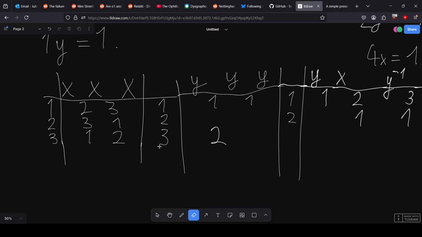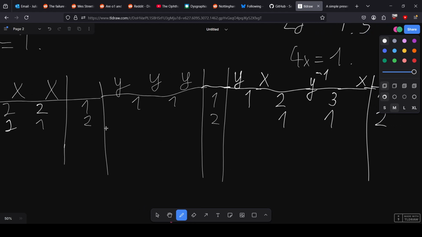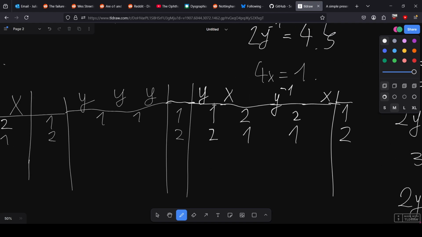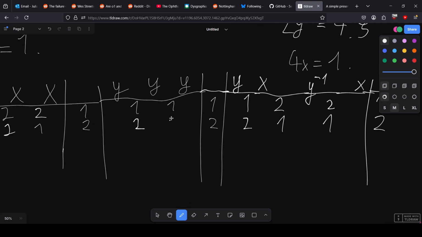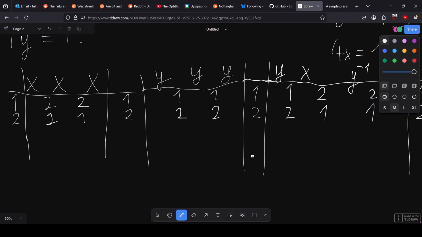So once again, we can completely erase the 3 row and replace all mentions of 3's with 2's. But that now means that y fixes 2. So the entire table is filled in.